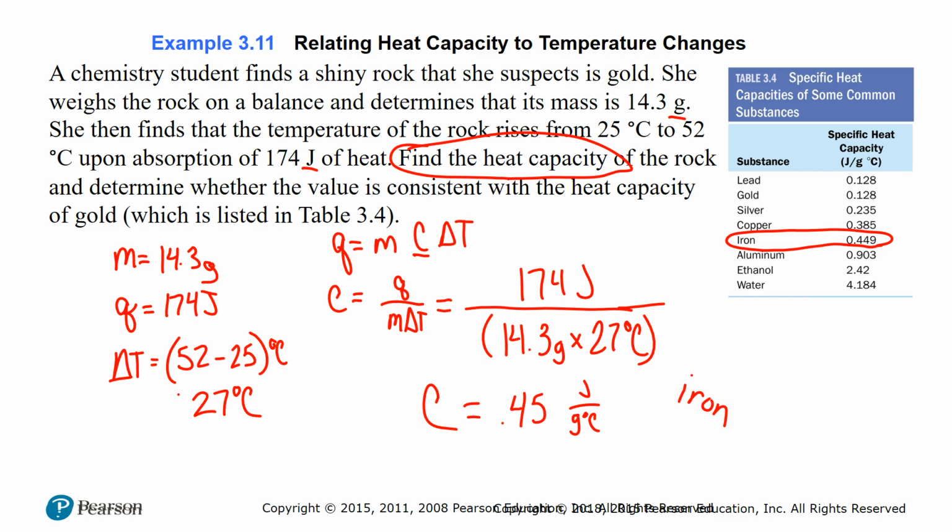More than likely, if she's thinking it's gold because of appearance, there's something called fool's gold, which is iron pyrite. But it's primarily iron with some other minerals in it that make it have a gold shiny appearance. All right. So questions about this?